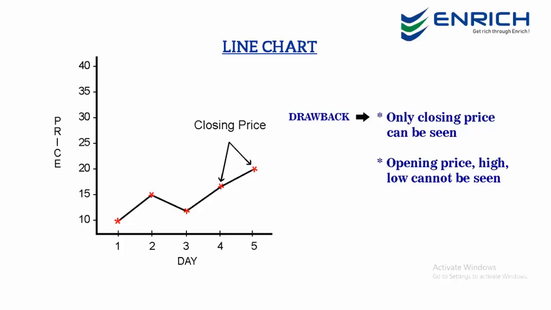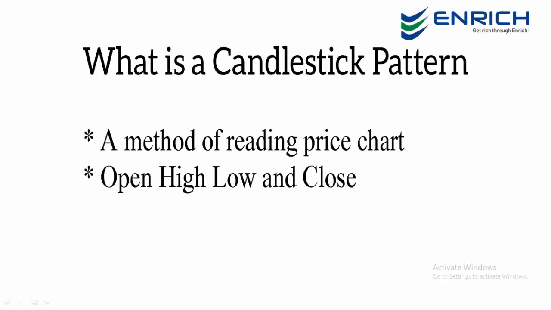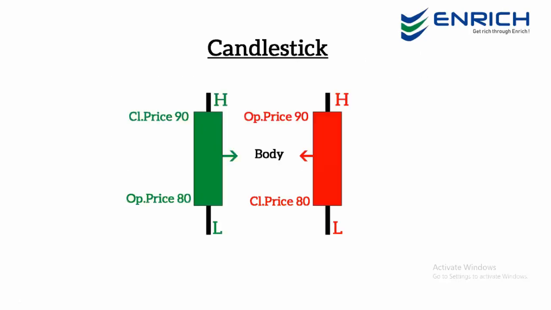So what is a candlestick pattern? Let's go in detail. As I said, it is a method of reading the price chart, and in a candlestick you will see the opening price, the high price, the low, and the closing price, all right? You can see here 2 candles, the green candle and the red candle.